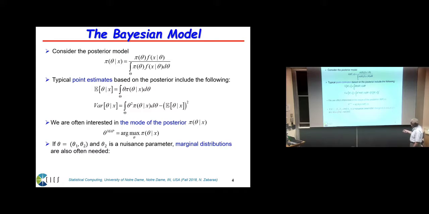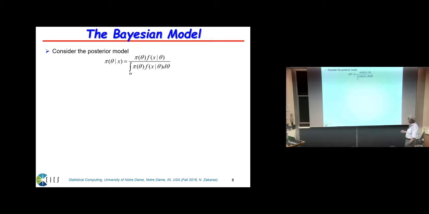You remember, like in the regression problem, this can be the W's, and this can be the alphas and betas that we use to define the prior distributions. So somehow you may be interested in getting rid of the parameters θ2 if you don't care. So integrals like that, where you do marginalization to come up with the marginal posterior of θ1, are sort of essential.